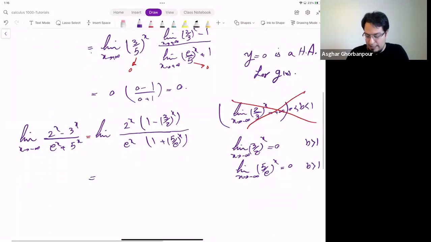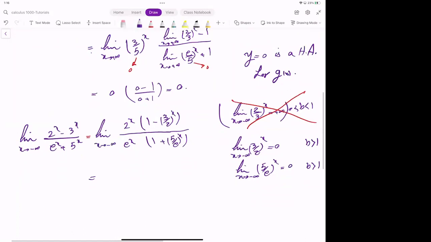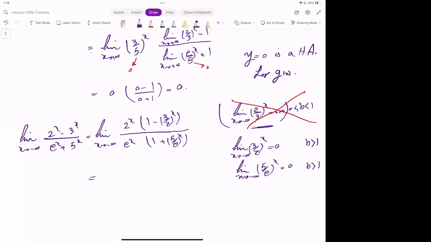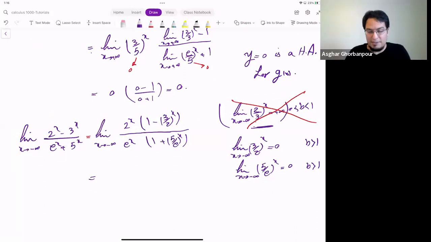Willow, yes, please go ahead. Sorry, what was the reason for why you did it the other way around? You see, if I factor out the highest base, I will end up again with exponential functions like (2/3)^x. And the limit of an exponential function with base less than 1 as x goes to negative infinity is plus infinity.